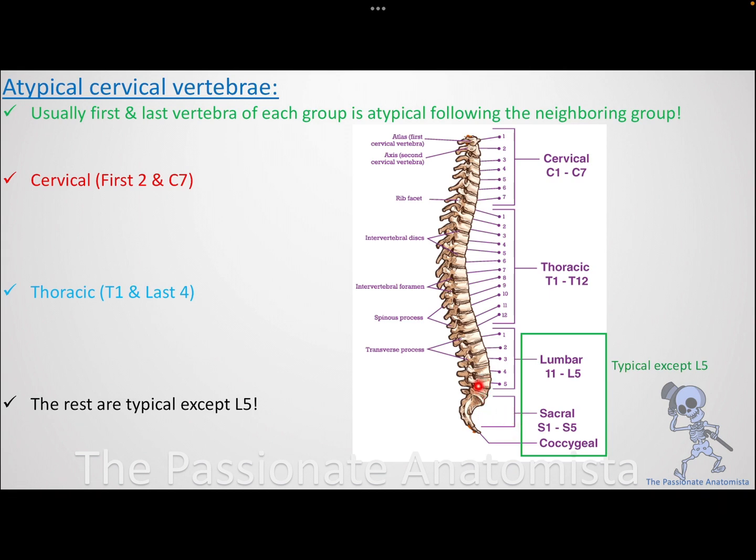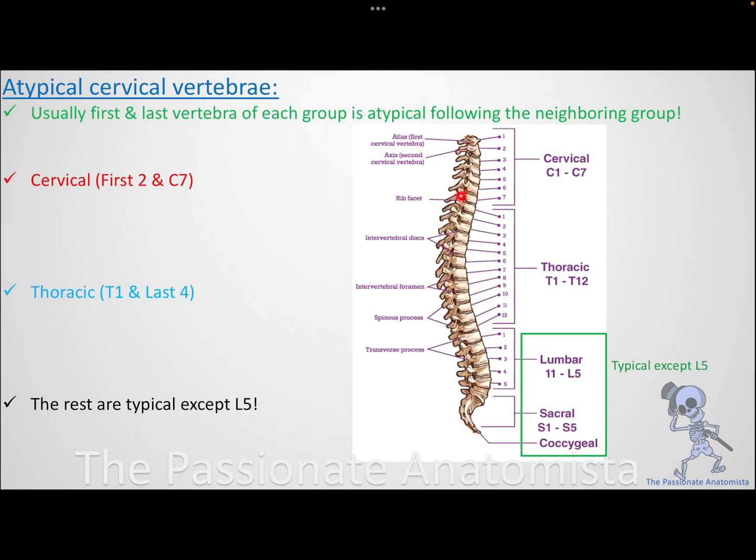Because L5 is the last vertebra that comes on top of fused ones. The highest range of motion in your body is at L5 and S1, because L5 is the most mobile vertebra and S1 is the first immobile vertebra. So the greatest motion is here. So that's why L5 is different. So everything has a reason. I already told you why C1 and C2 are different because of the head movement.